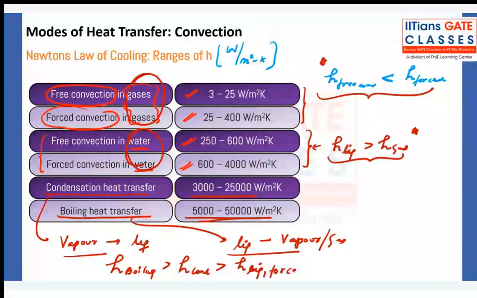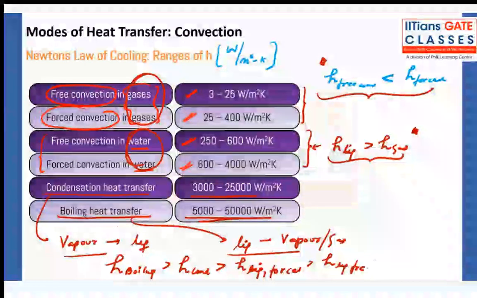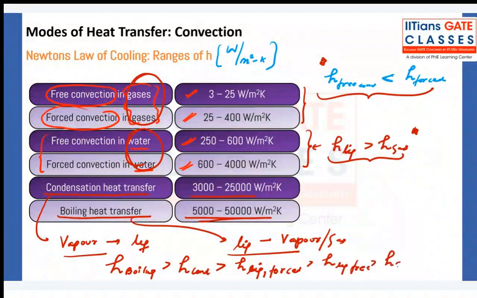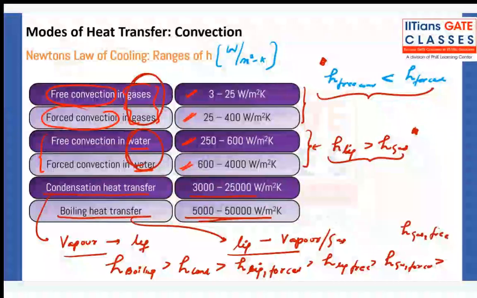Heat transfer in liquid forced is greater than heat transfer in liquid free, and heat transfer in gas forced convection is greater than heat transfer in gas free. Is it clear? These are some general conclusions that we have defined.